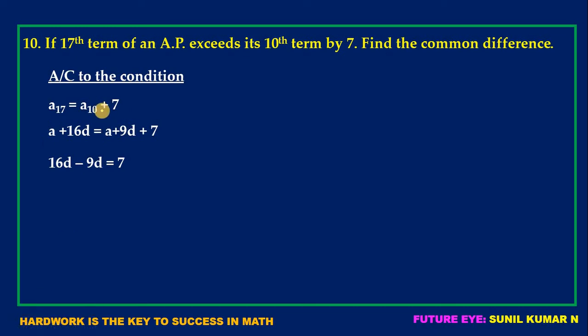And moreover, here again a few children will have a doubt about how A and A have been cancelled out. See here, this plus A, if you transfer to this side, you will get minus A, and here already plus A is there, and plus A and minus A get cancelled, and we get 0 in that place. Hence, I directly cancelled A and A.